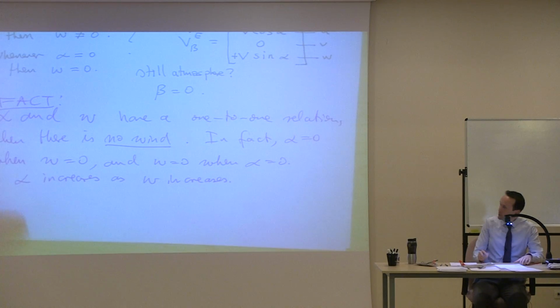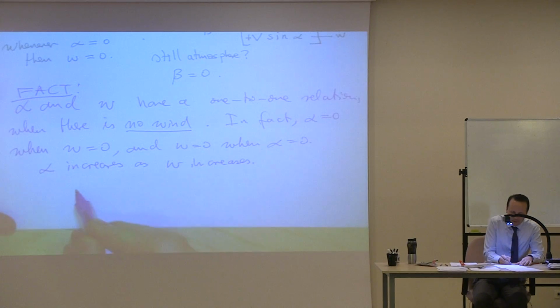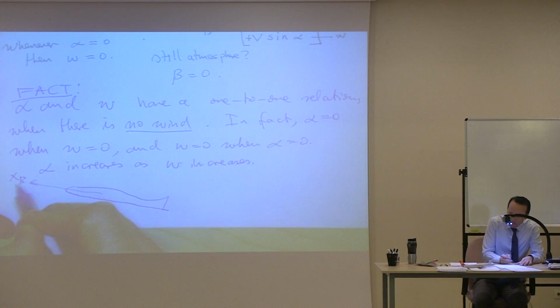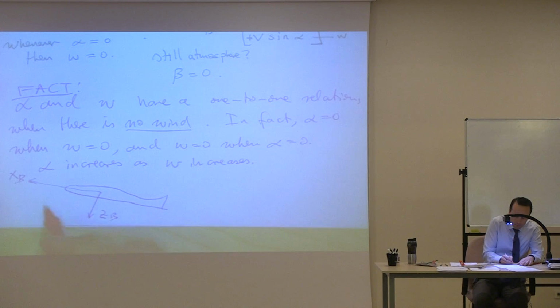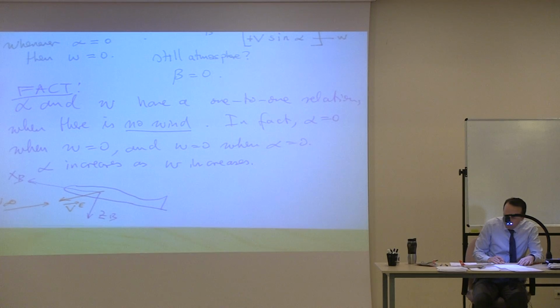Okay? So here's how we do this. We need to write a relationship now. If this is the airplane, X body, Z body. If this is V infinity, then this would be the velocity vector of the aircraft.